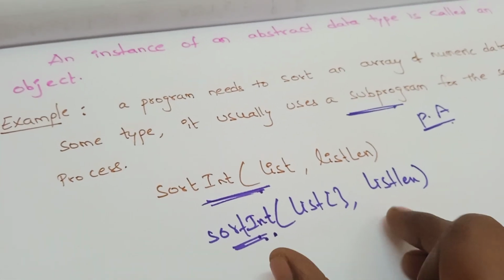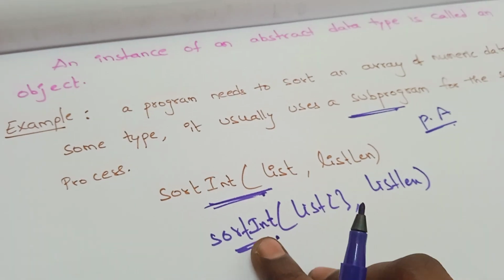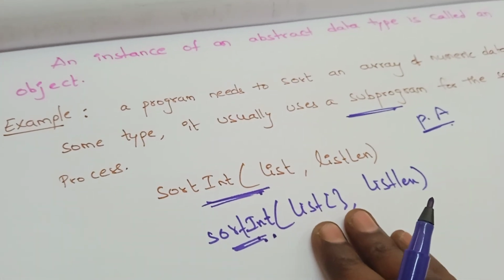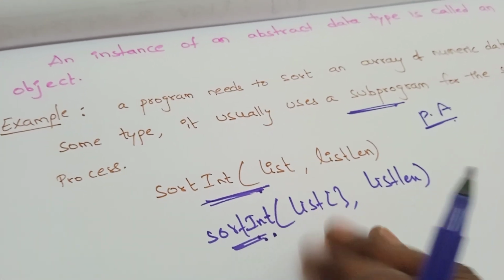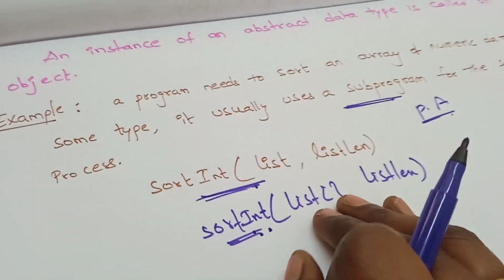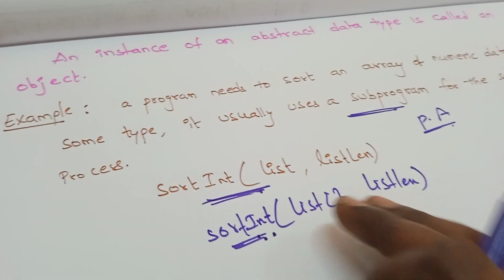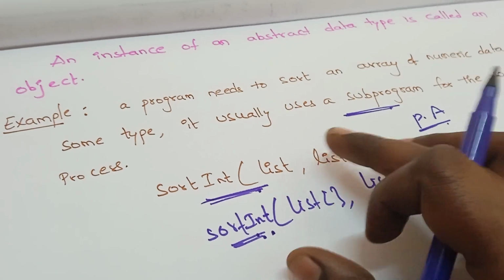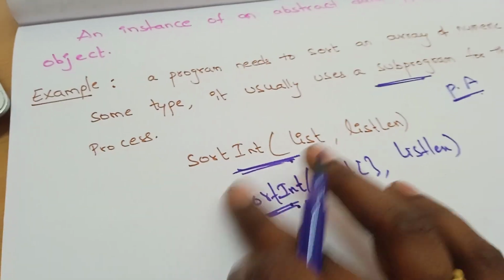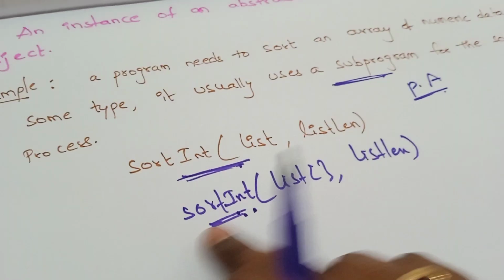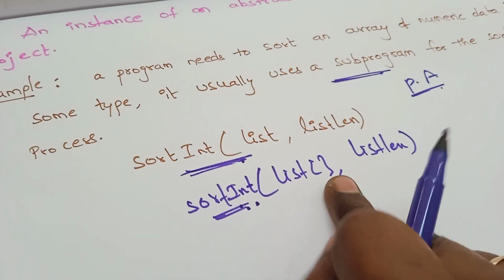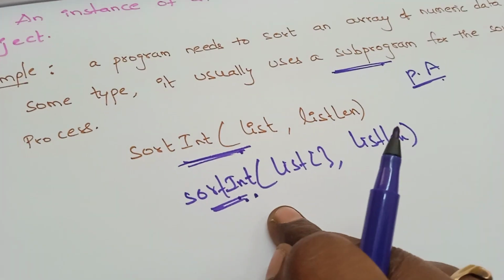So we represent what operations it is going to perform, but we do not represent how the operations are going to be performed. In other words, this sort int I can call an ADT. Why? I'm specifying what it contains, but I'm not specifying how it is implemented.